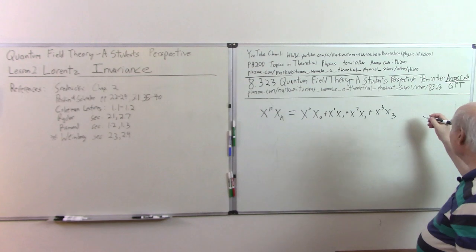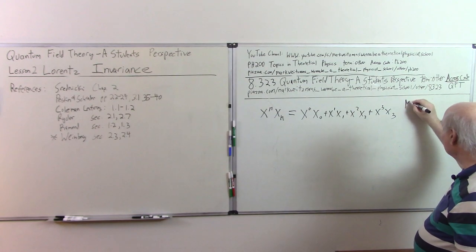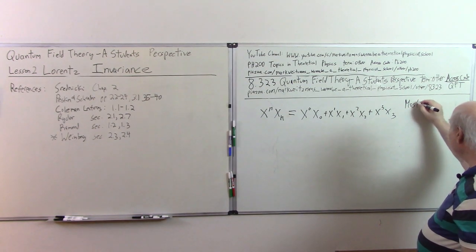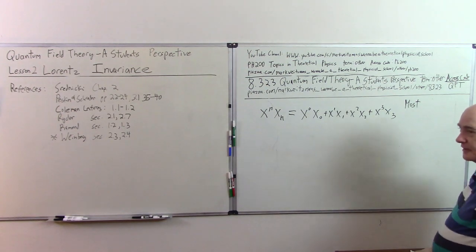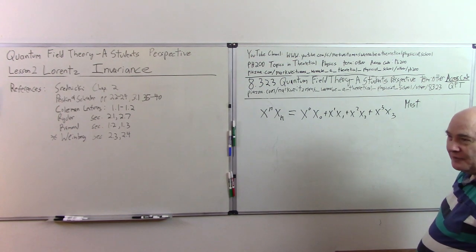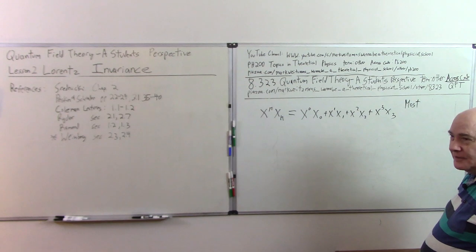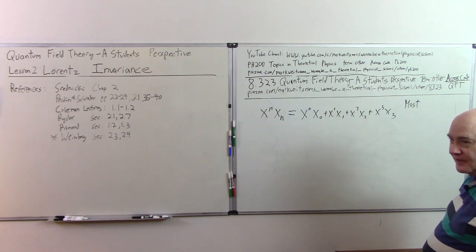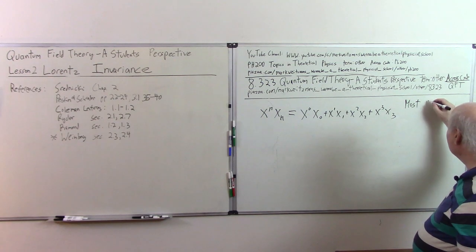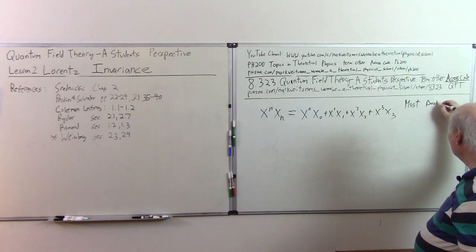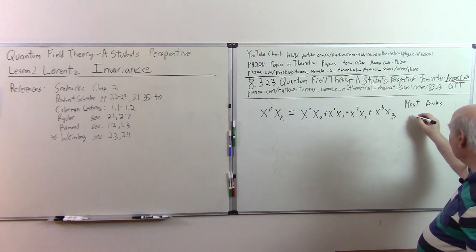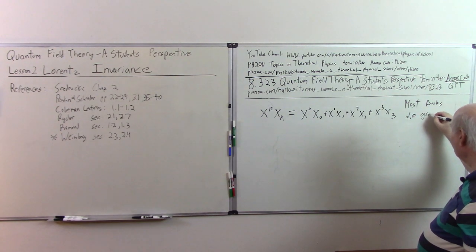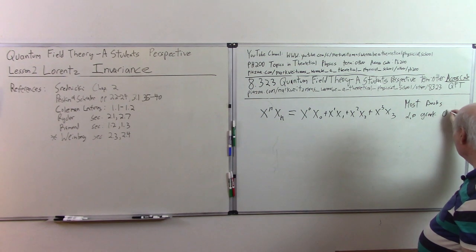In most QFT books, I don't want to say all because there's always people like Weinberg who go back and forth. Weinberg goes from 1 to 4, or 0 to 3, or imaginary. He uses everything. So most books use Greek indices like alpha, beta, and they go from 0 to 3.